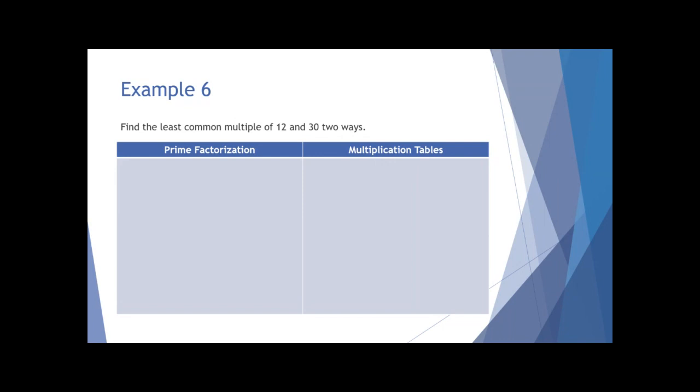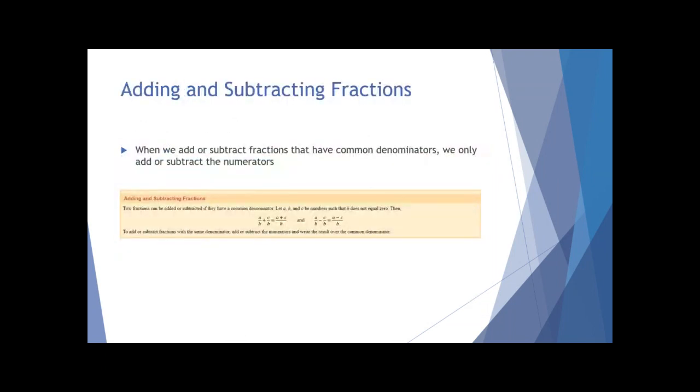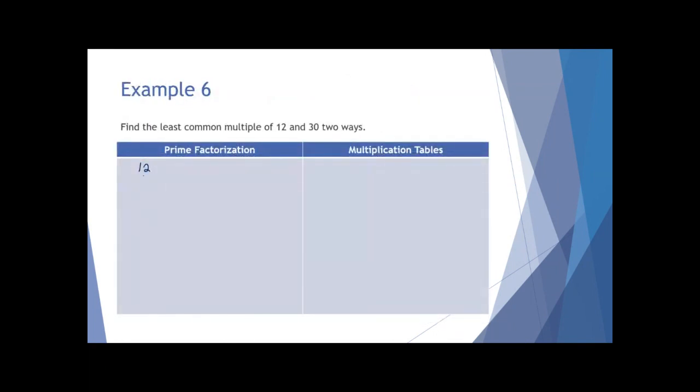So we're looking for a number bigger than 12 and 30. So we're going to do this first with prime factorization. So I'm going to do the prime factorization of 12. We've done this multiple times. Okay. So 12, I always do 3 times 4. And 4 is 2 times 2.